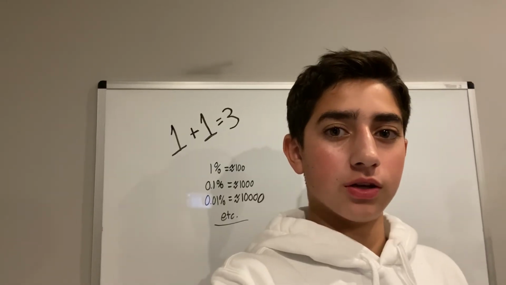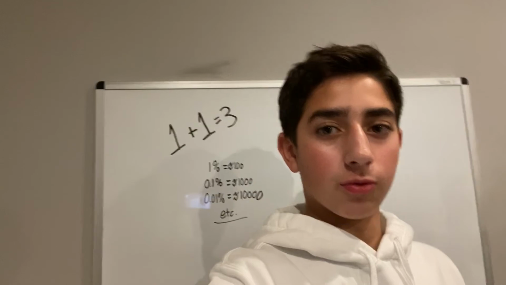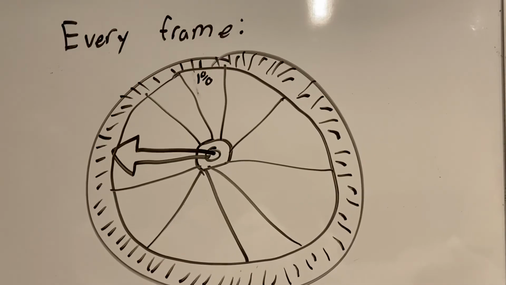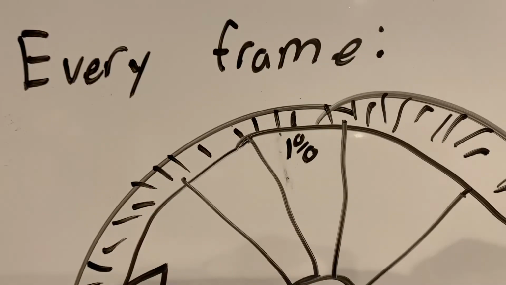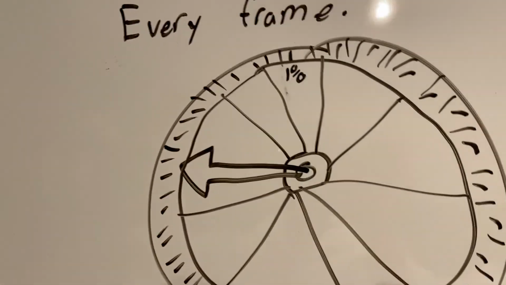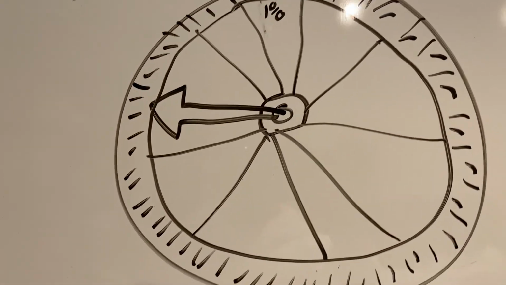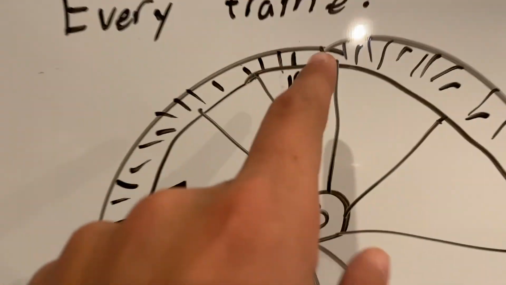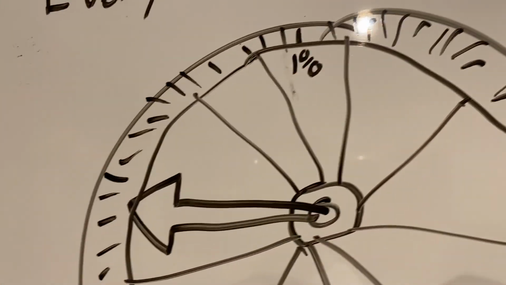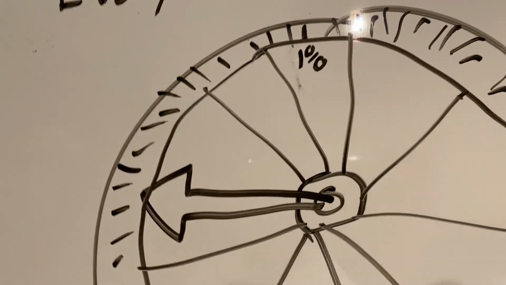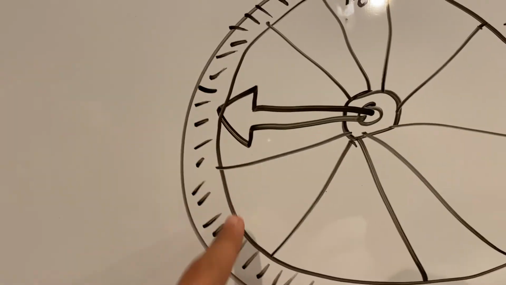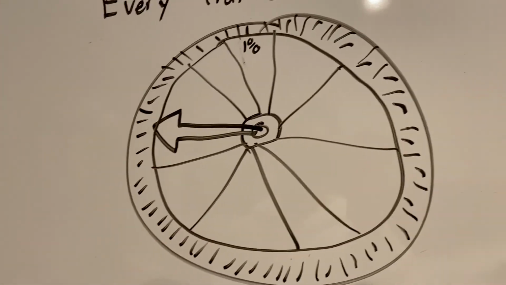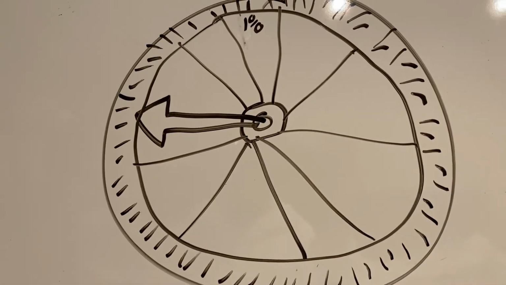Okay, so while the other me is working on the design, I'm going to be explaining to you some of this math. So try to wrap your head around this. Every frame, it's like being at an arcade when you have one of those spinny wheels. There's the really, really small spot that you need to land on by spinning the wheel, while there's so many other chances.